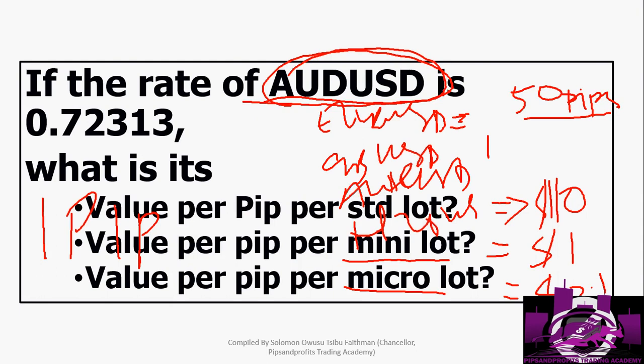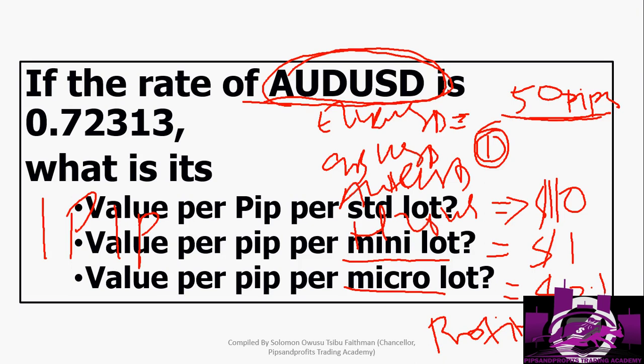What do you think will be my profit? Write the answer there for me. I am trading 1 standard lot. My take profit is 50 pips. Okay, that will be $500. Thank you very much. $500.